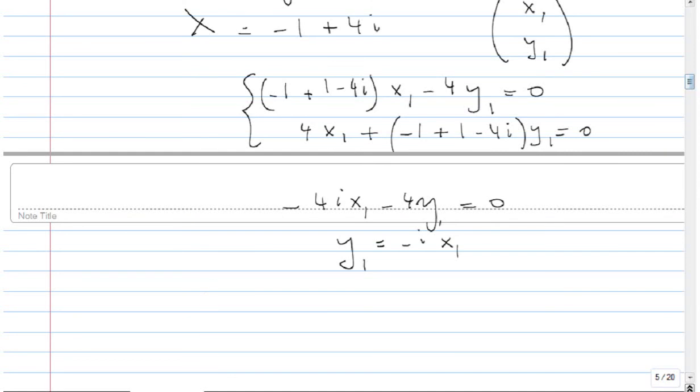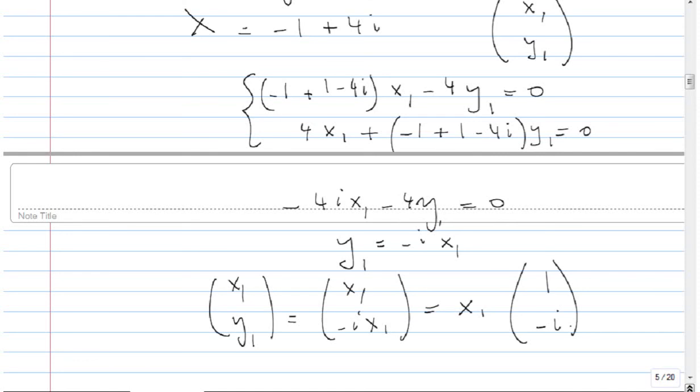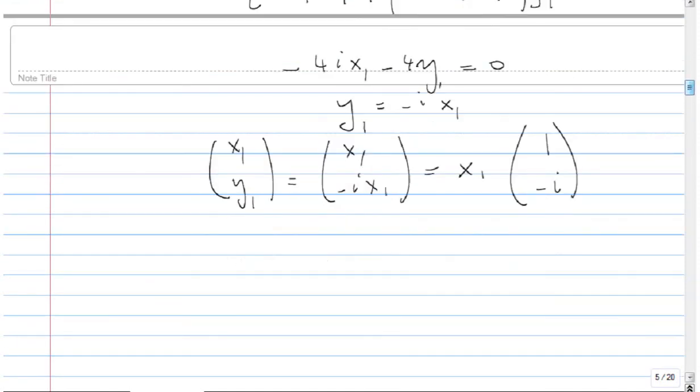And the second equation is exactly the same. You're going to find x1 equals i times y1 from the second equation. So anyway, the vector now becomes x1 times (1, minus i). In this case, we can ignore the x1. The complex solution is e to the lambda t, e to the (minus 1 plus 4i) t, times (1, minus i). This is the complex solution. Now we need to find the real part and the imaginary part of this one.